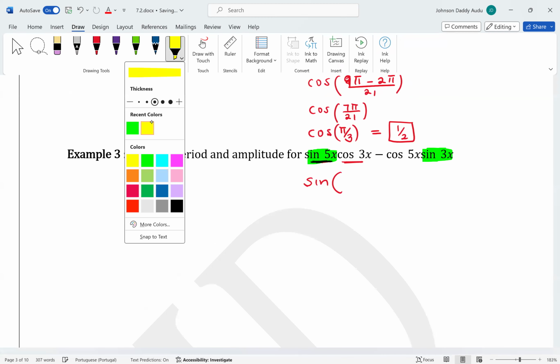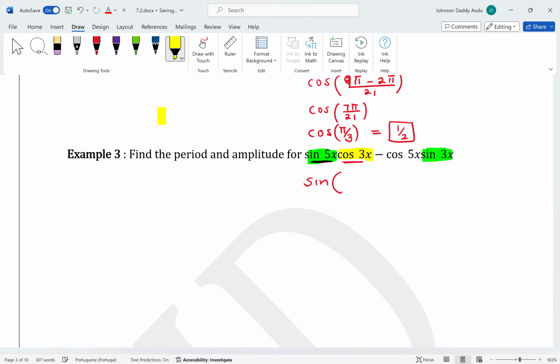And the other term has to do with cosine. So you see this is cosine, and this is cosine. So it means that we can write this as sine of, let's say, 5x, and since this is minus, 3x. So this is what it is.